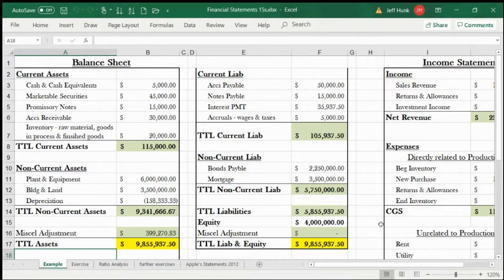Okay, so then let's take a look at the structure of the balance sheet. First of all, looking at the asset side, you will see that it's listed from the current assets, and then the first part is current assets, and the second part is non-current assets.